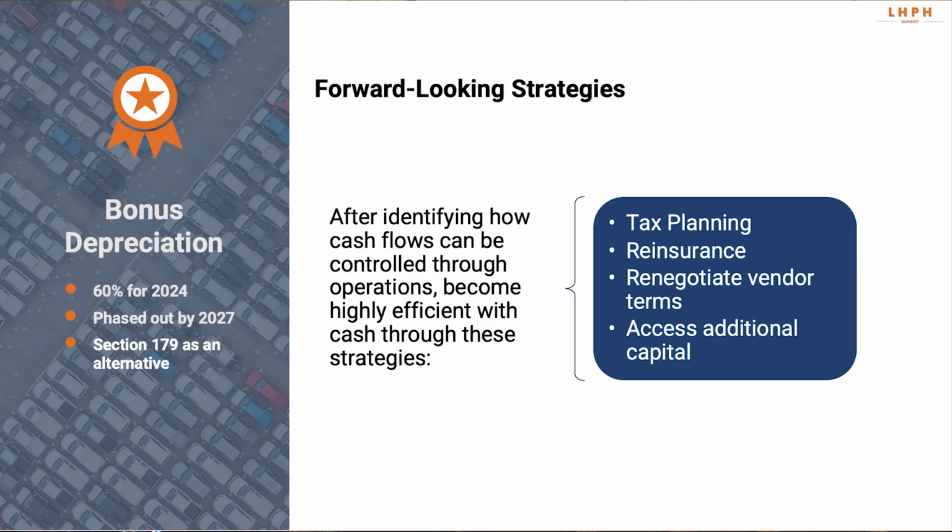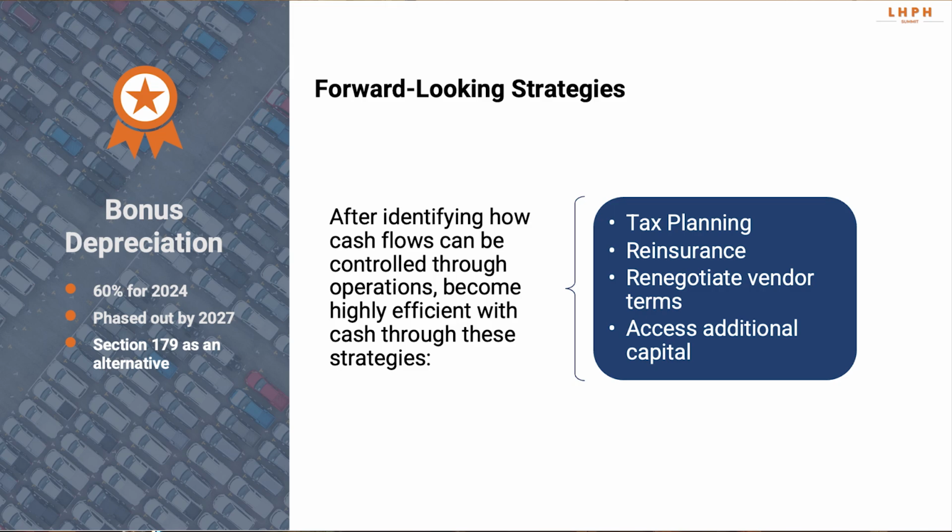179 is an option. It's similar to bonus depreciation in the sense you get to expense those assets you've acquired, but it does have limits on it. You have to be a taxpayer in order to take advantage of 179, so if you aren't a taxpayer, then it's not going to be an option for you. It also has limits on the total purchases that have been made.